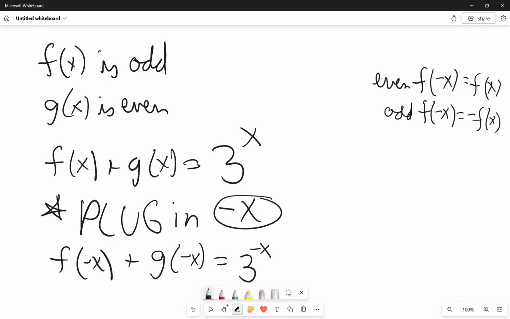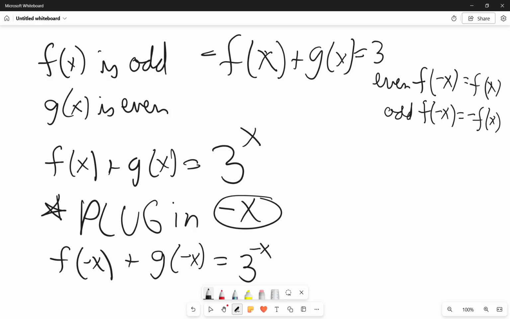Remember, the exponent is still x, so we have to make it negative. And you can see that f of -x equals negative f of x, because f of x is odd. And plus g of x, because g of -x equals g of x, according to the even function. And that is still equal to 3 to the -x. So we only change the left-hand side.